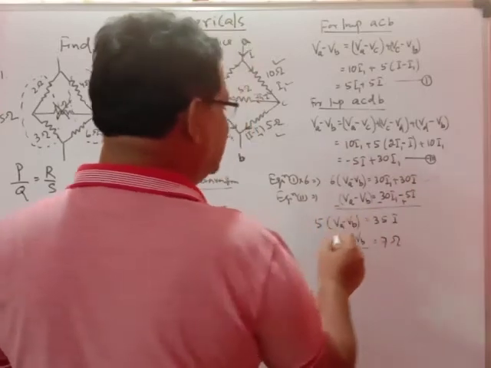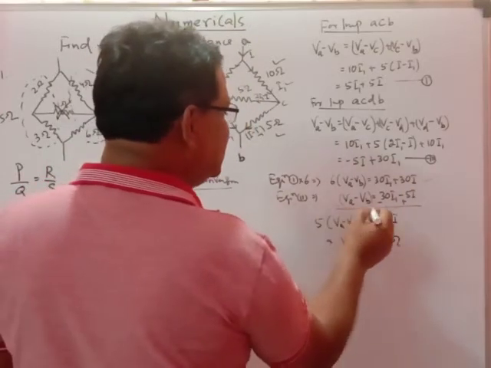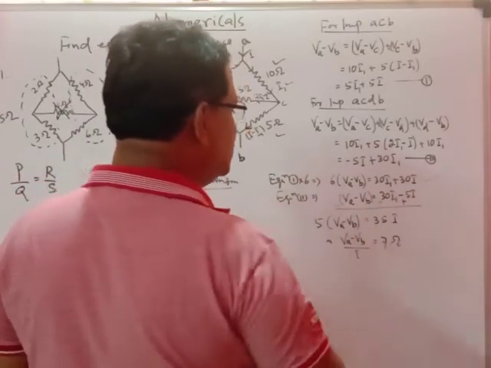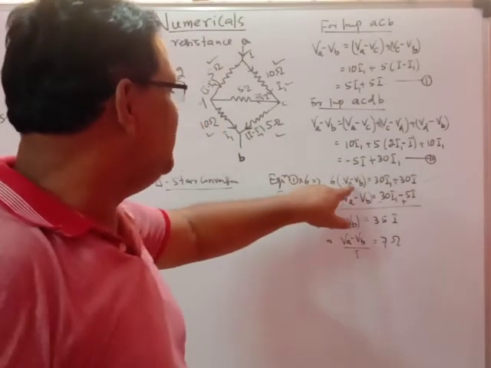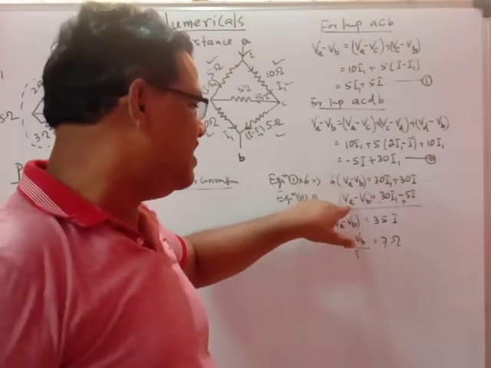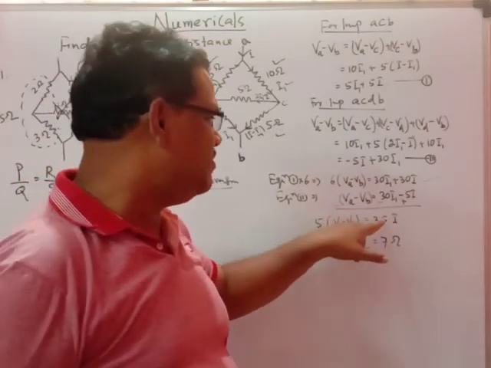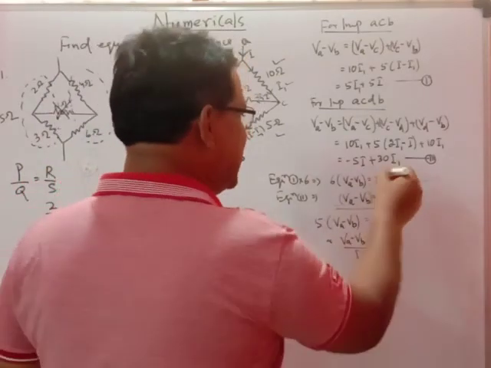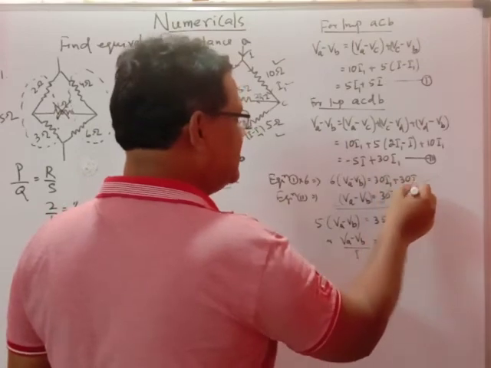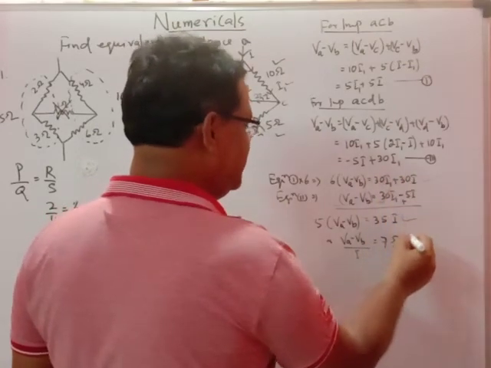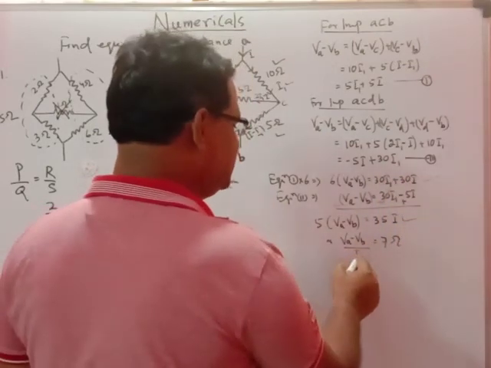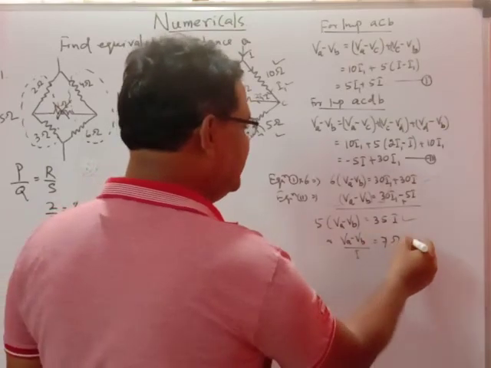If you subtract, you are finding 6 VA minus VB minus 1 VA minus VB, that is equal to 5 VA minus VB, and that is equal to, as 30 I1 is cancelled, the remaining 35I. And you are finding VA minus VB upon I equal to 7 ohm.